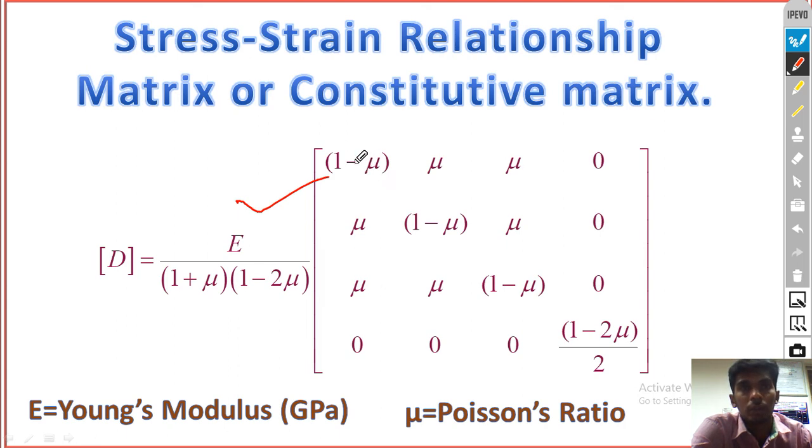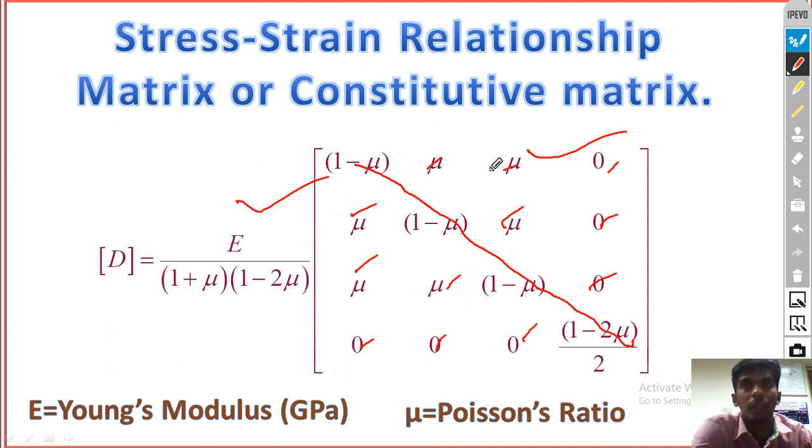If you write the values above, mu, 0, you can write the transpose symmetry. So the matrix is also symmetric. Here you can see the same value, mu also the same. 0 0 here, 0 0 0 here. These two elements are symmetric, this 0 is symmetric, this mu is symmetric, and these 0s are symmetric. It is very simple.